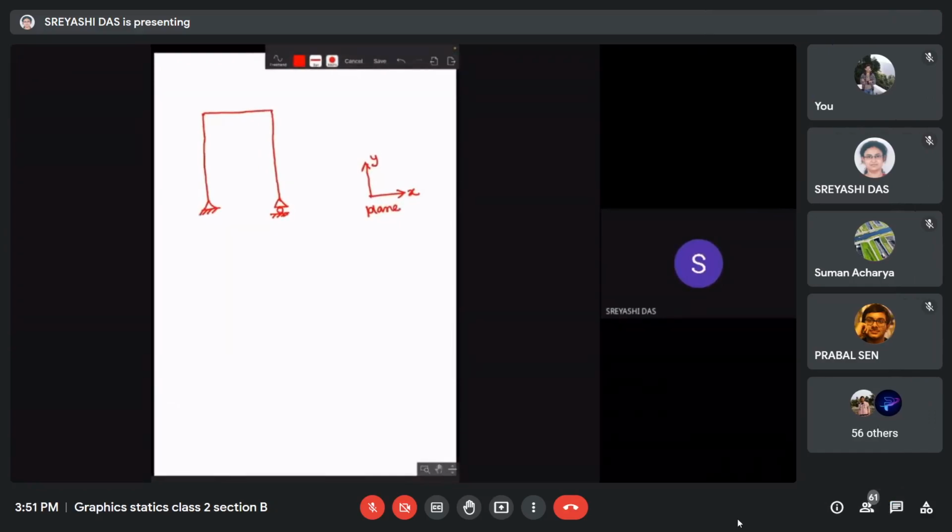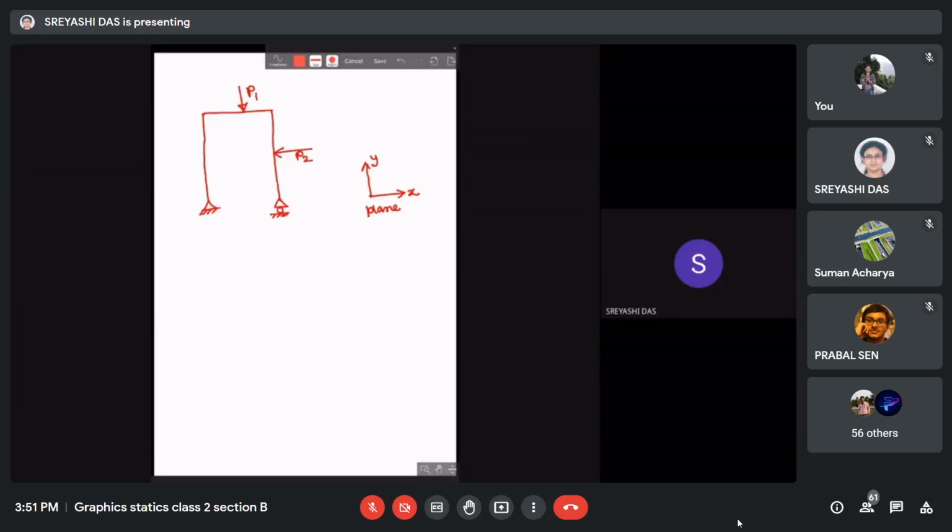Here, suppose the load applied is P. Let us name this as P1. And here, at the midpoint, suppose the load is P2. These distances are given.